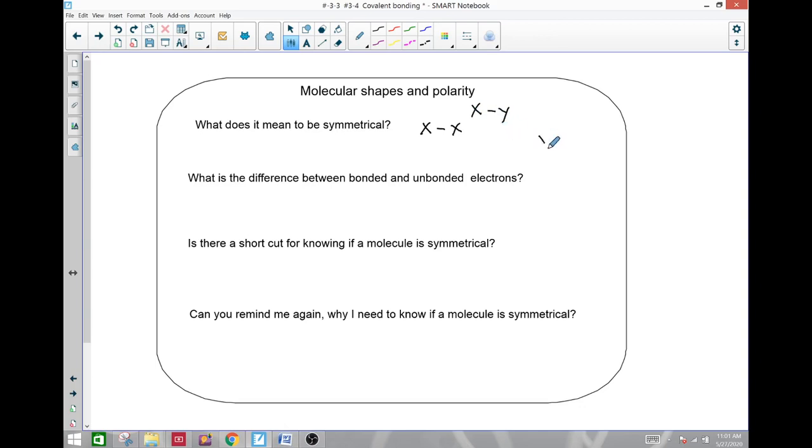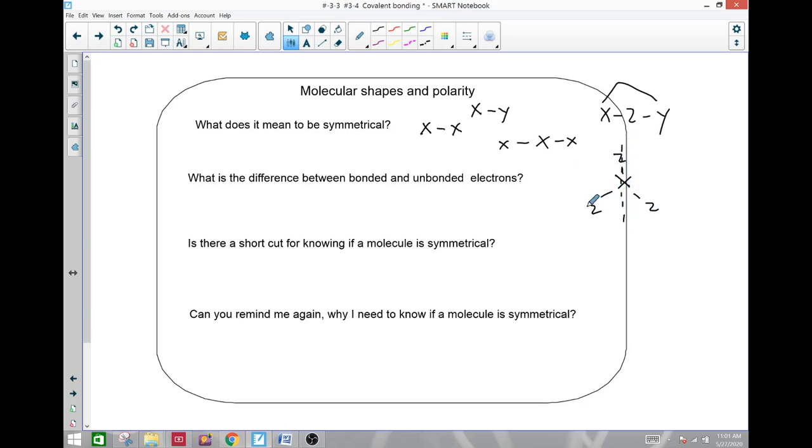I could do X bonded to X bonded to X. That's a symmetrical linear shape. But X bonded to Z bonded to Y, that's not symmetrical. I've got X on one side, Y on the other side. That's not the same. If I could do X, Z, Z, and Z, that's a symmetrical shape, right?